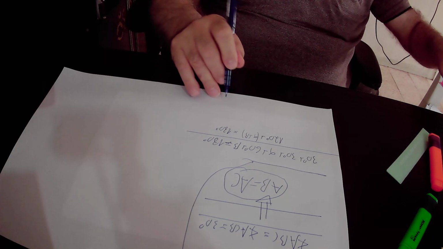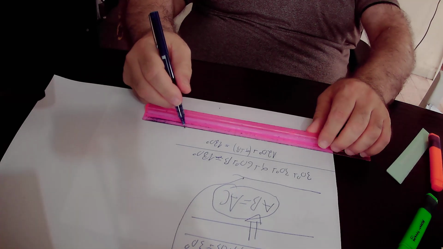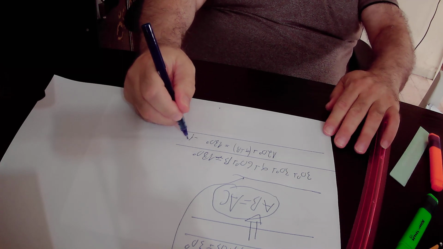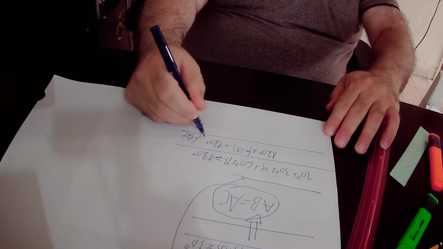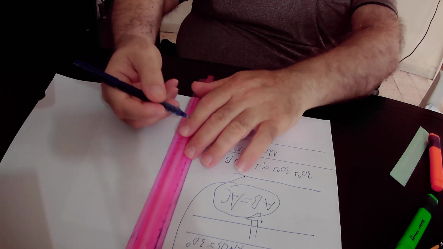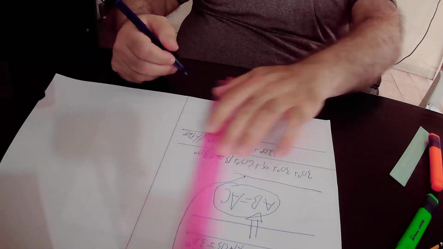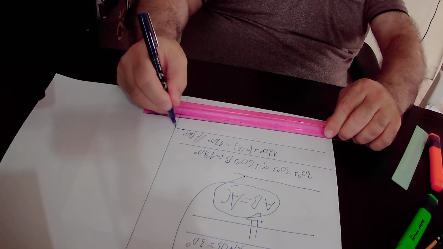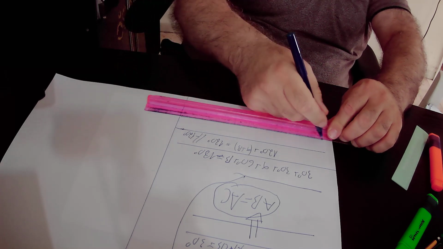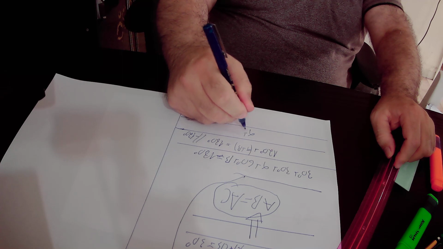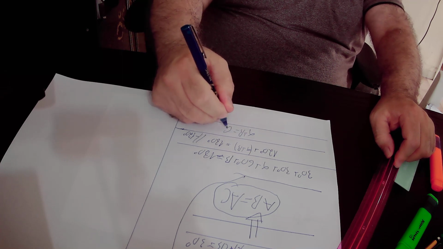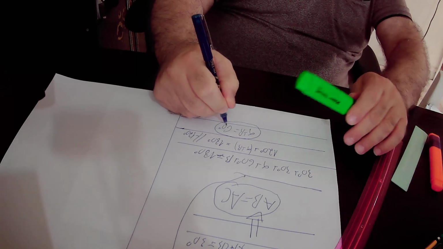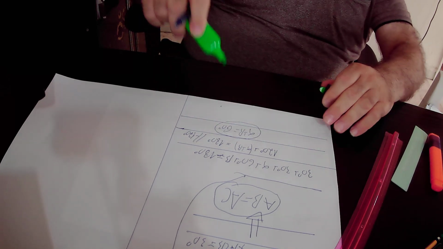So here we will subtract 120 degrees from this equation, and we get that alpha plus beta equals 60 degrees. Okay, alpha plus beta equals 60 degrees.